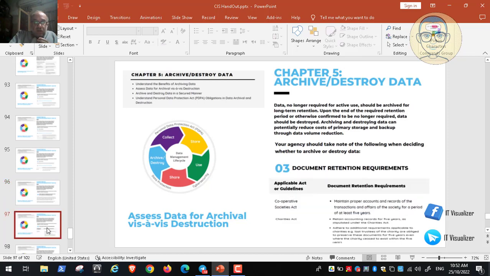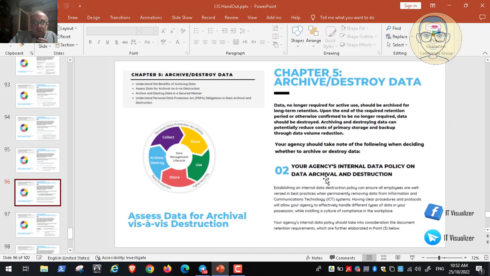Okay, let's see here. He's saying this is one. I think when you are making an internal data policy, this is one we have discussed before, when you make the data management cycle. You should have documentation about the data management cycle or the data life cycle, and through it also discuss your data policy, archival and destruction.